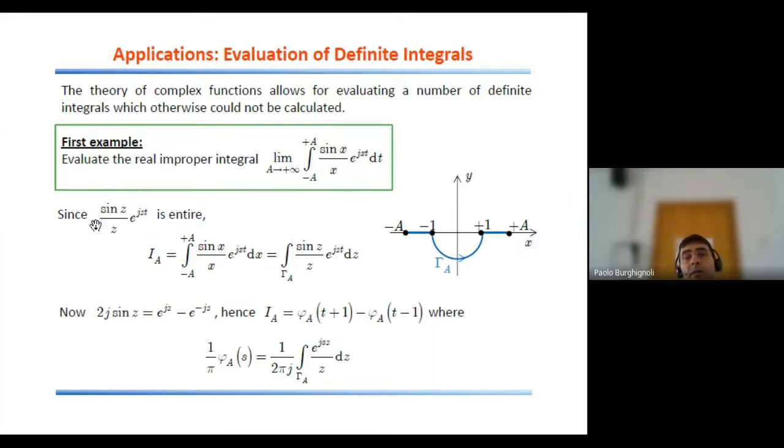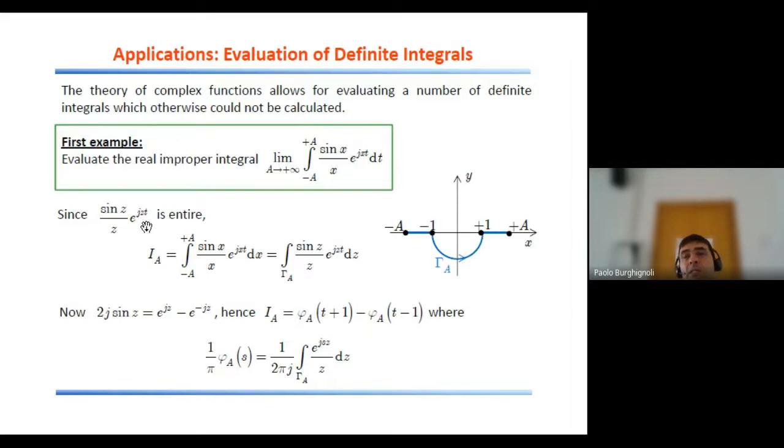In this way, what you obtain is an integrand which is actually an entire function. That's because the exponential is entire, and because the sine function divided by z can easily be shown to be also entire, because it has a removable singularity at the origin, where its limit value is equal to 1.